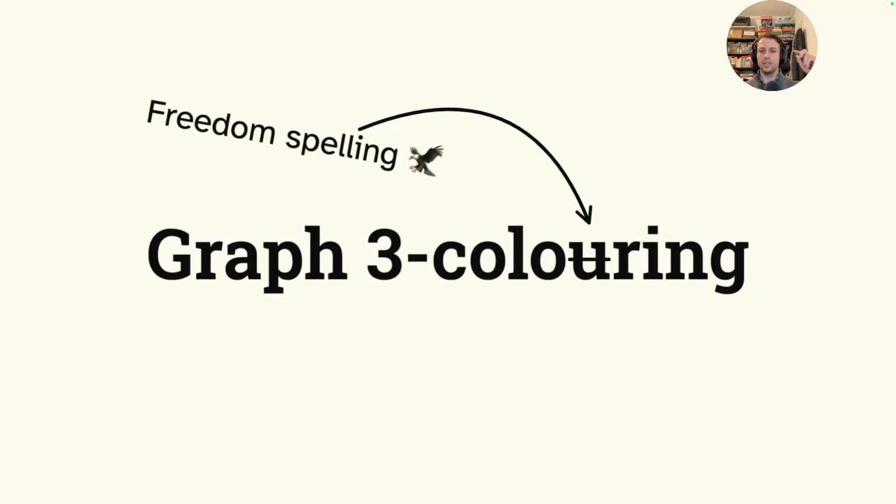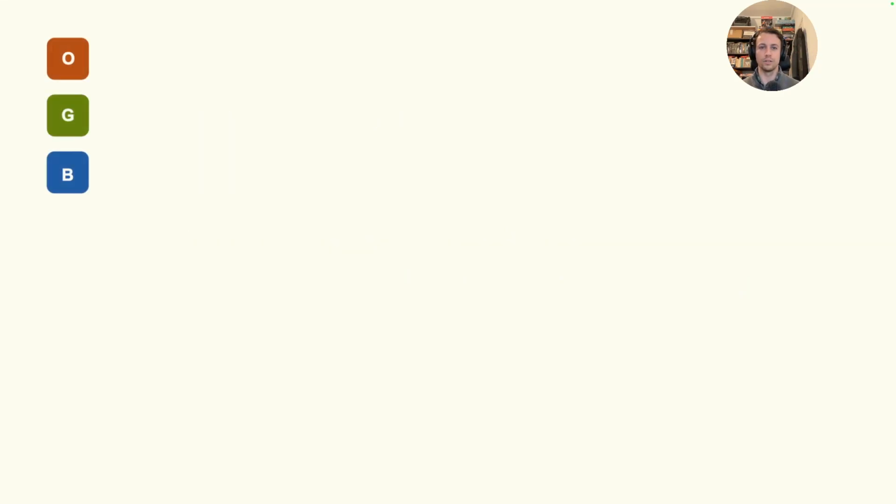And this is a problem that I like because it's very, very visual. So let's say we have 3 colors, orange, green, and blue. And let's stick with these 3 colors throughout the rest of the presentation. And now let's say you have a very simple graph. 2 nodes or 2 vertices connected by a single edge.